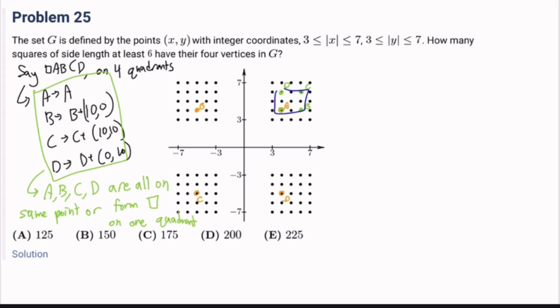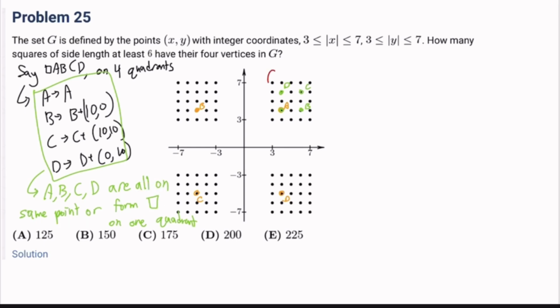So we see from this that they form a square on one quadrant, which is this quadrant, and they can all be on the same point if, let's say, the starting points were these four. Then they would just all have ended up there, right? They are all on the same point or form a square.